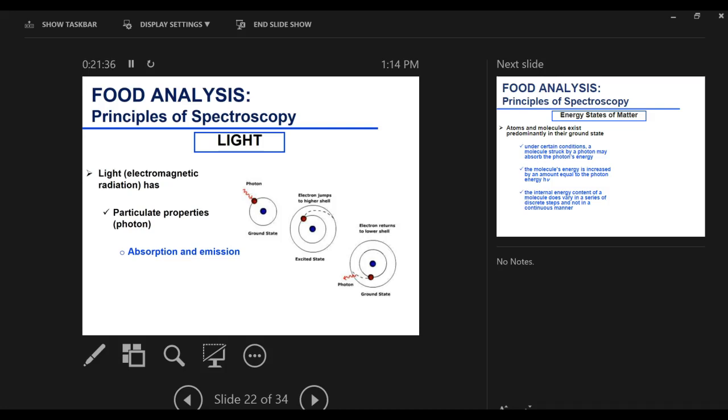Think about it. Take a minute or a few seconds. A photon of light hit the electron. Electron went up to the higher orbit. And then it dissipated a little bit of heat, and the rest of the energy was emitted as a photon. Does the photon that got emitted have the same wavelength as the photon that got absorbed? No. What would it have?